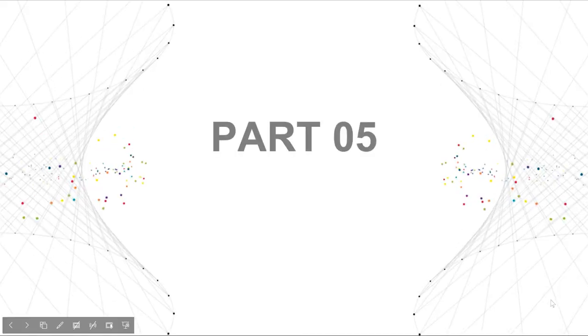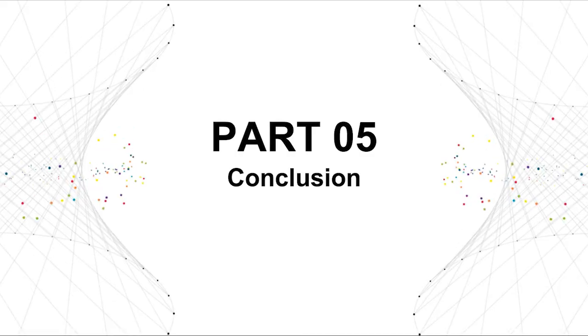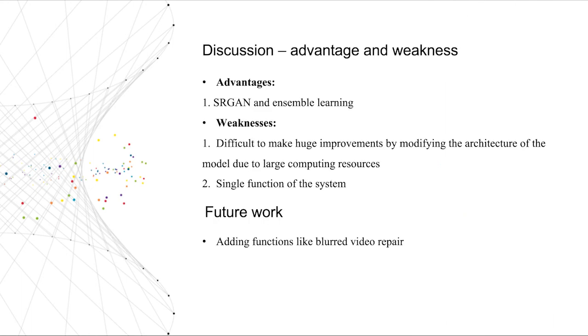As for part 5, project concluding. The advantage of the system is that we use the SR-GAN algorithm to reconstruct low-resolution images. And then, to improve the performance of SR-GAN, we propose to use model ensemble by adding dropout layers to increase the diversity and randomness of models.